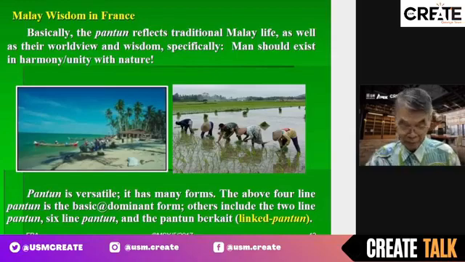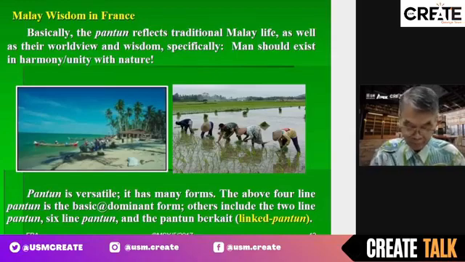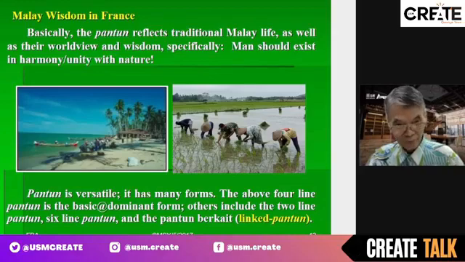But at the same time, I must also emphasize the fact that pantun is versatile. It has many forms other than the basic 4 lines. The above 4-line pantun is the basic or dominant form. Others include the 2-line pantun, 6-line pantun, and the pantun berkait, which is linked pantun.